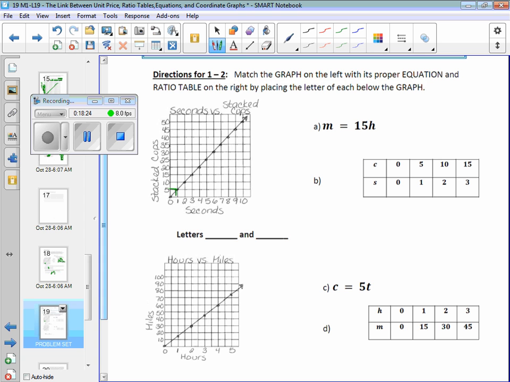B. Good, B. And then what equation is that? Cross out B, cross out C, and as long as you got that right, the 2 remaining letters will fit into place. But let's just make sure.